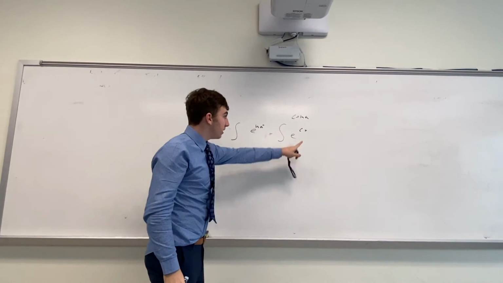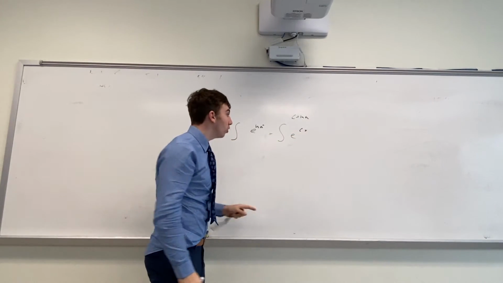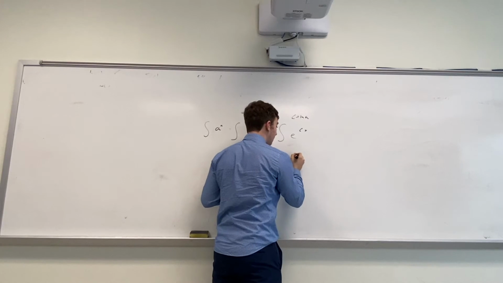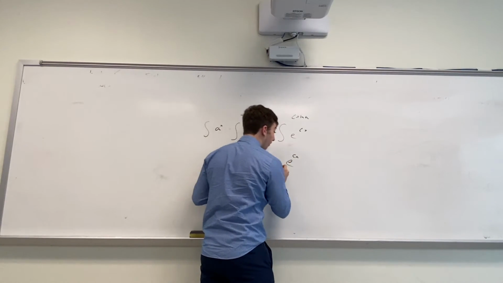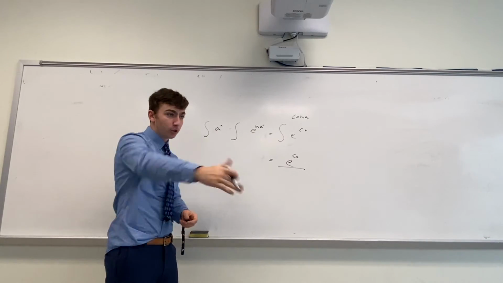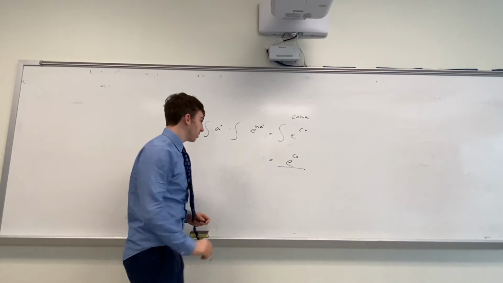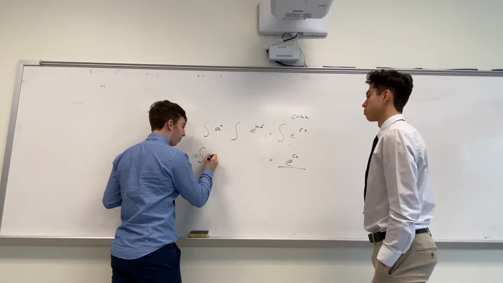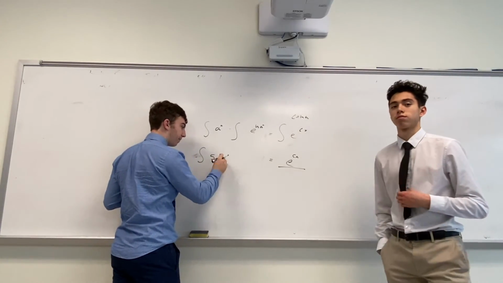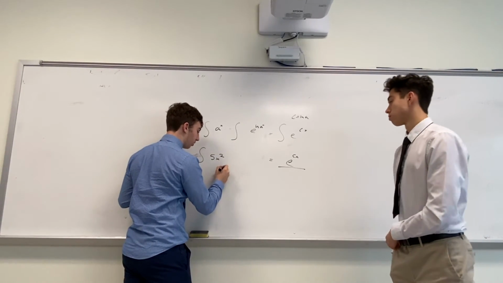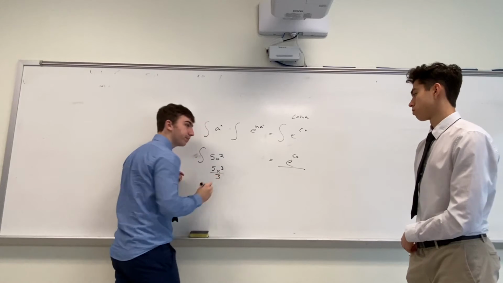Now what happens is we need to integrate this, and we know when integrating, the e always stays the same. So we know we're going to have e to the cx divided by, because that's what happens in integration, right? So for example, if I had the integral of 5x to the power of 2, what would happen is it would be 5x to the 3 divided by 3, right?